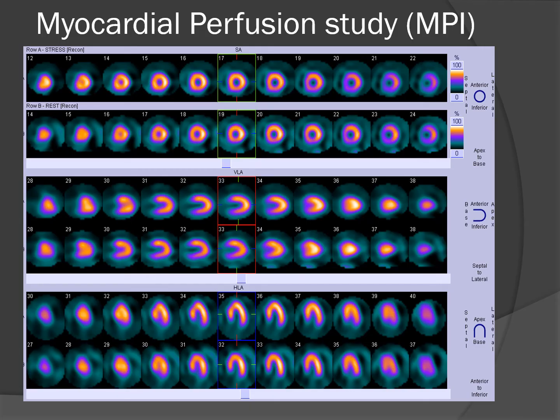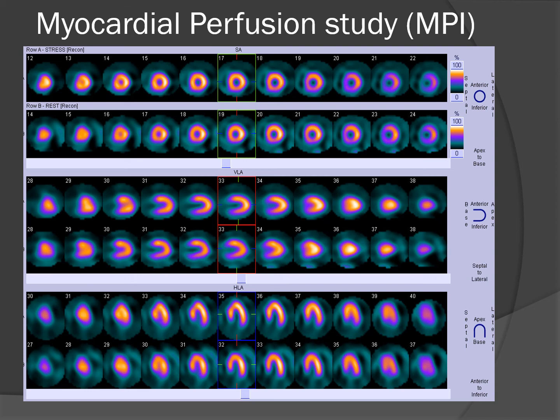This technetium-99m sestamibi or tetrofosmin will be taken up in the cardiac wall. If you see here, this is the left ventricle image. We cut the short axis, the vertical long axis, and the horizontal long axis.